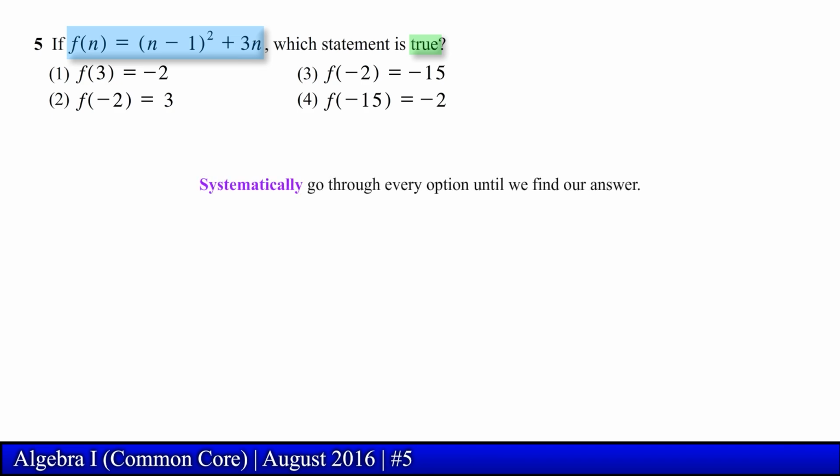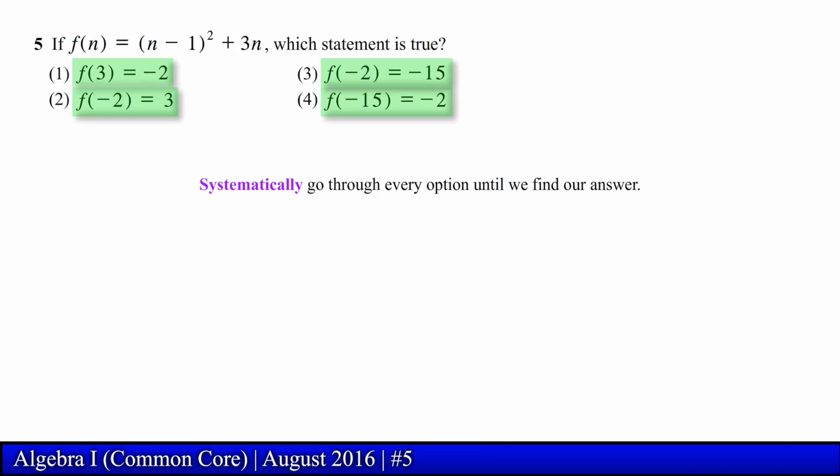The best way to approach this problem is to systematically go through every option until we find our answer. Notice that for each option, we are given the input, or n value, as well as the result, or output, when the value of n is substituted into the function and evaluated.